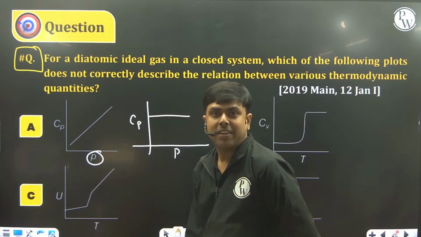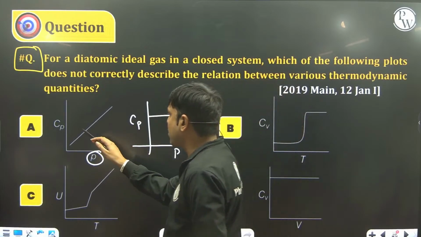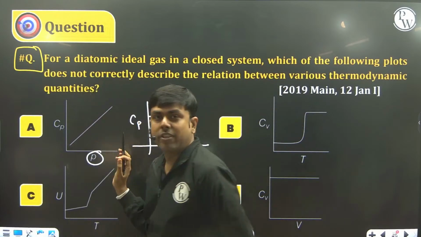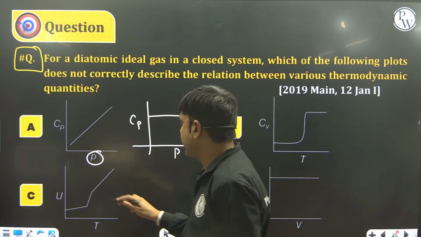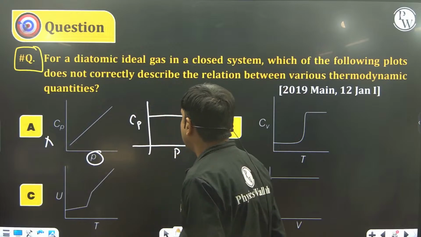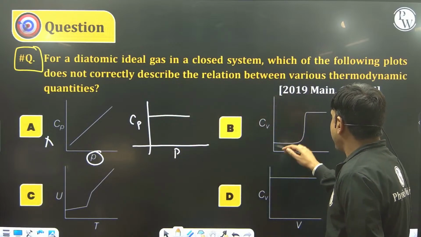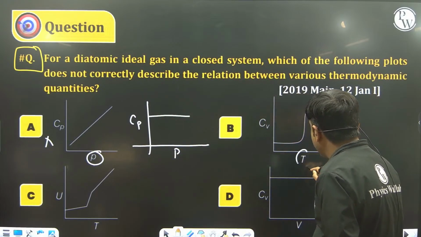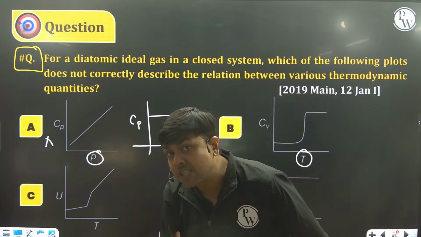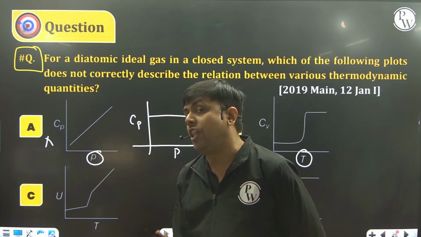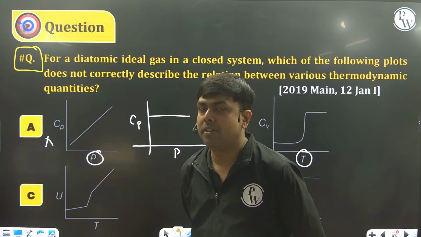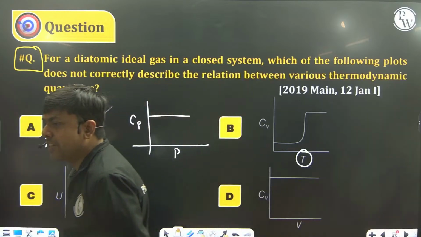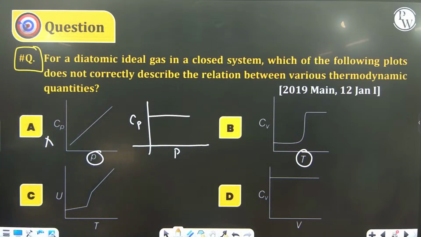The molar heat capacity at constant pressure does not vary with pressure at all, so this one is wrong. Second one, CV versus temperature. CV remains constant at a given volume. But will CV vary with temperature? Can anyone tell me? Will CV vary with temperature?